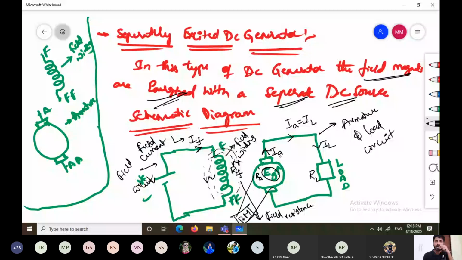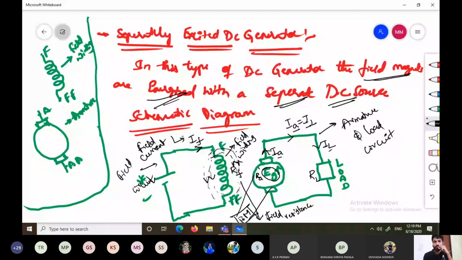In a series connection only a single current passes through the circuit. In this way mechanical energy gets converted into electrical power. So this is the basic operation of the separately excited DC generator.